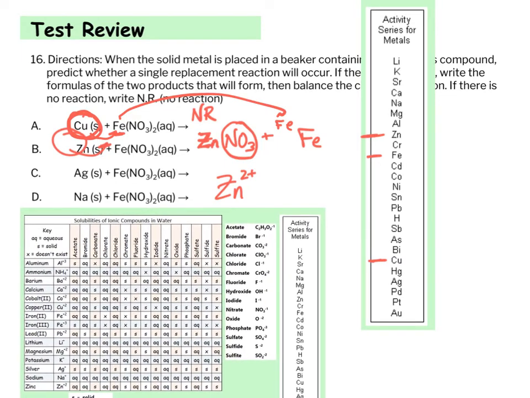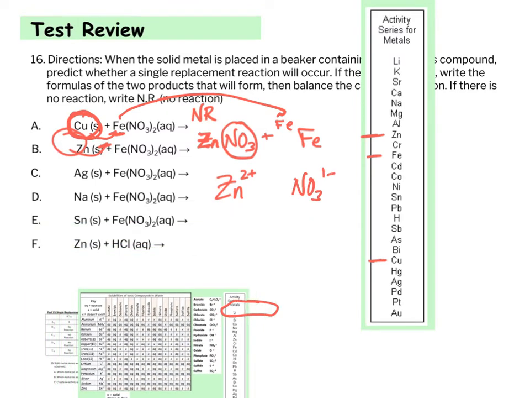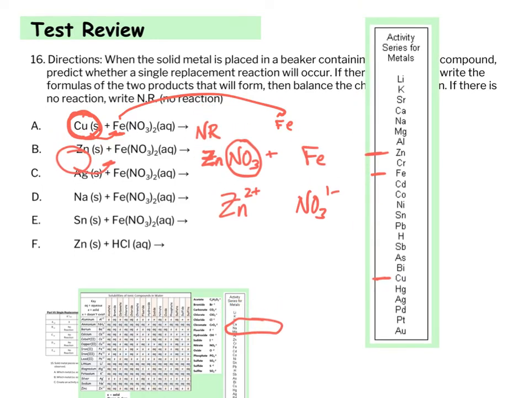Nitrate is NO3 with a 1 minus. So if I put those two together, I would have to write it as Zn(NO3) taken twice, Zn(NO3)2. That would be the correct formula for that.